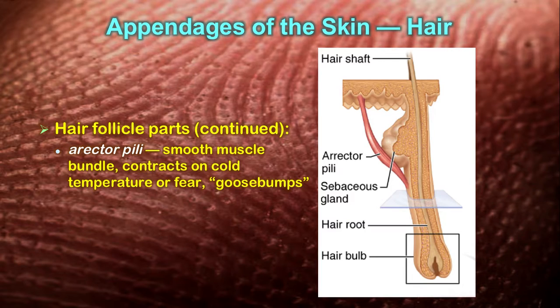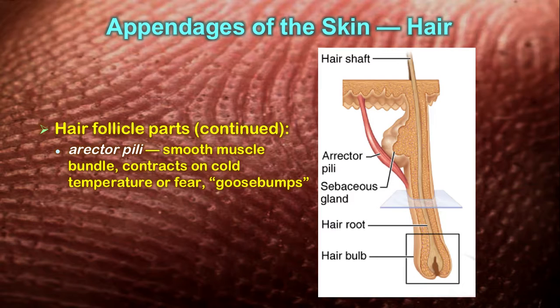Now, zooming out a little bit, we have our erector pili muscle. It goes right here. His job is to contract, and he moves the hair. He can make the hair stand on end, which gives you goosebumps. He does that when it's cold to help warm you up, because the contraction of the muscle will create heat.